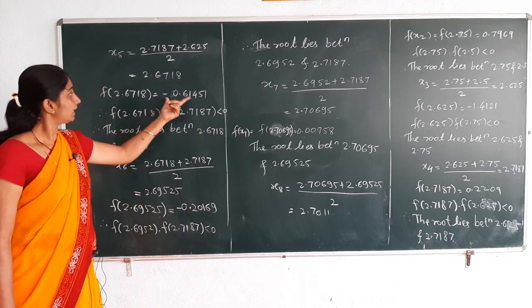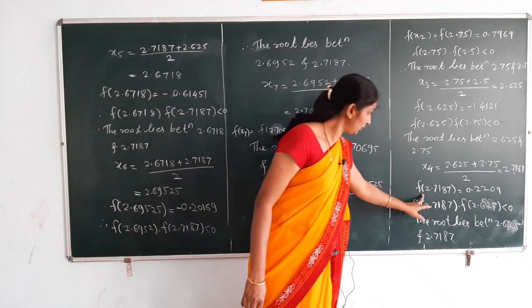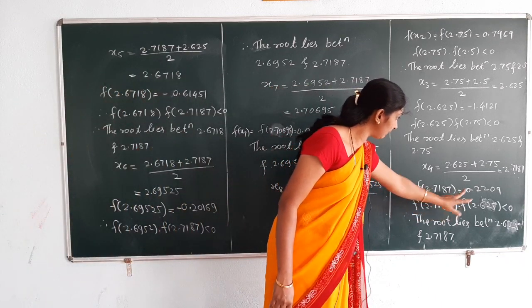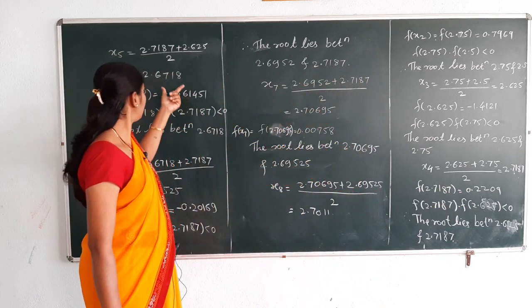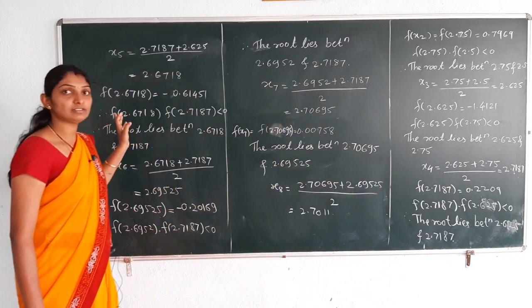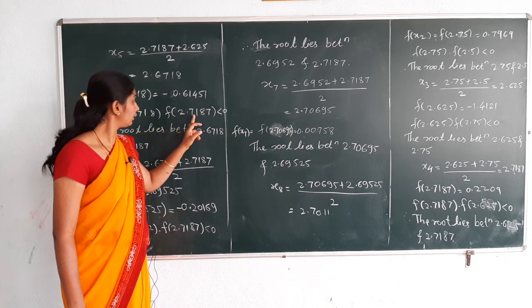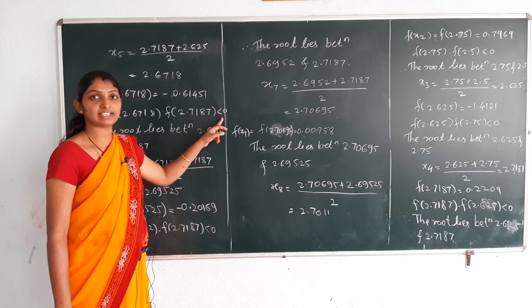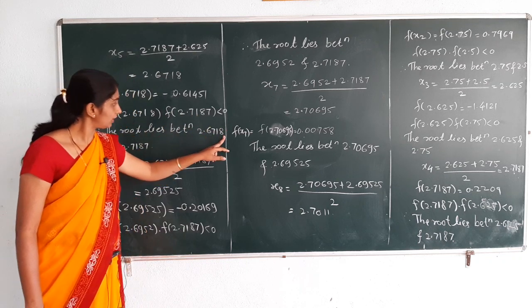Then this value is negative, another value we have is positive, therefore f of 2.7187 is positive. One value is positive, one value is negative, then our f of 2.6718 into f of 2.7187 is less than 0, that is the root lies between 2.6718 and 2.7187.